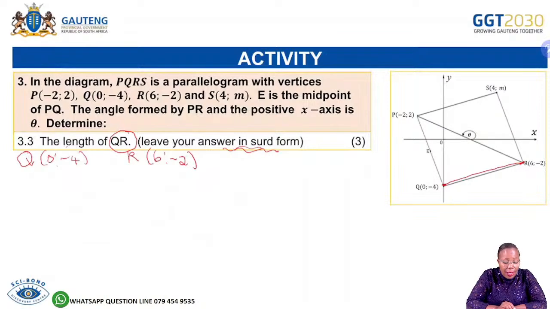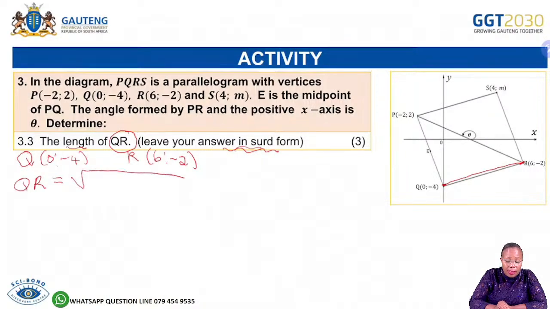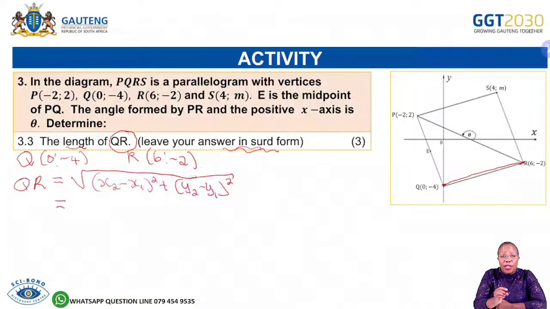So the length is the distance. We are looking at distance QR, and the distance formula states the square root of x2 minus x1 squared plus y2 minus y1 squared. Remember, this is on your formula sheet, Grade 12. Ensure that you copy it correctly from your formula sheet.